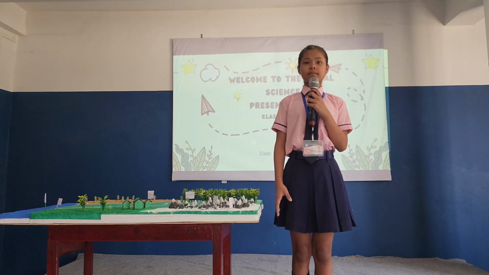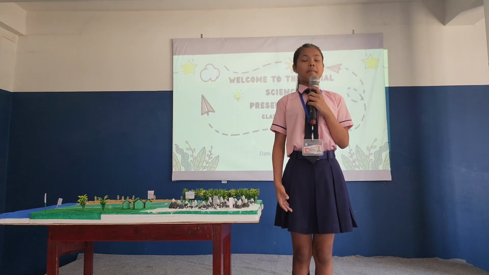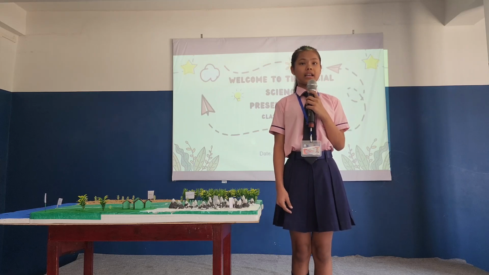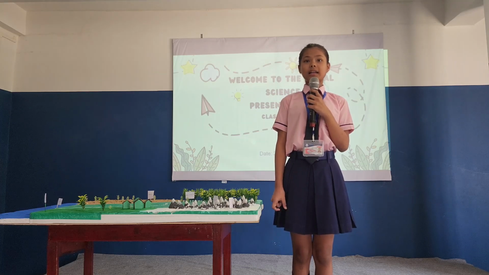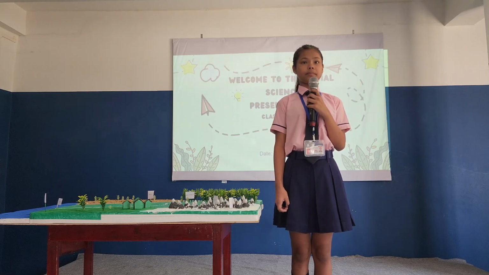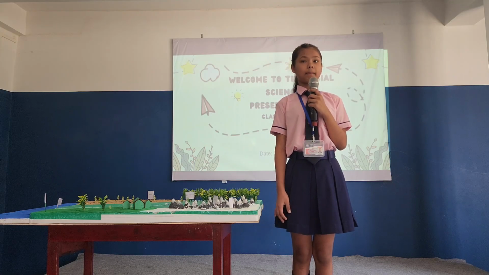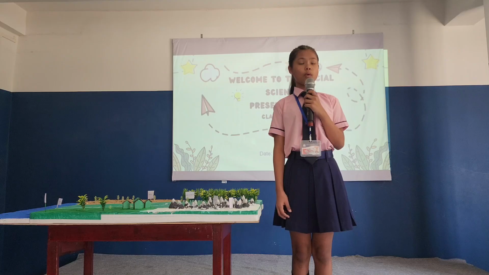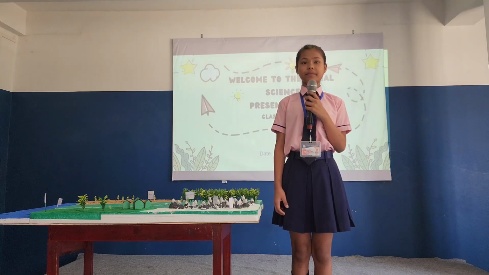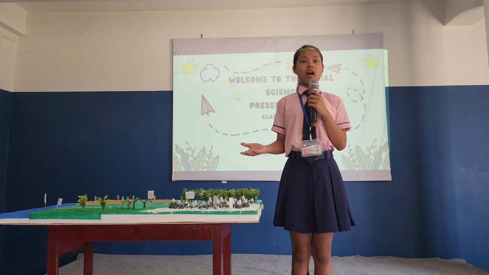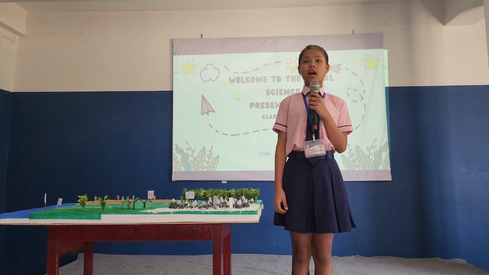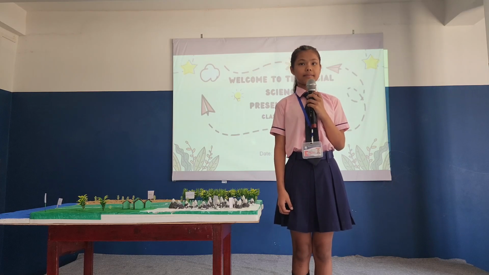Some of the importance of mountains: many rivers like the Ganga originate from mountains, and they attract tourists due to their cold weather and beauty. Mountains are large and have a large amount of mineral deposits.